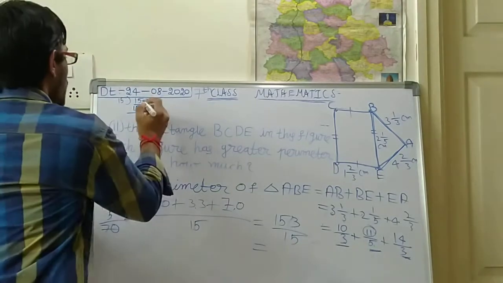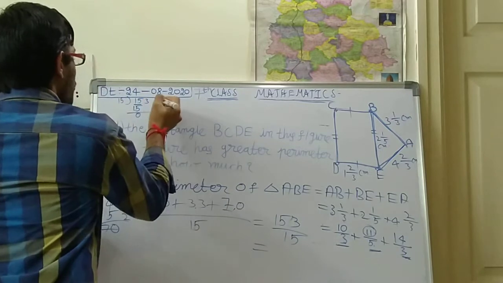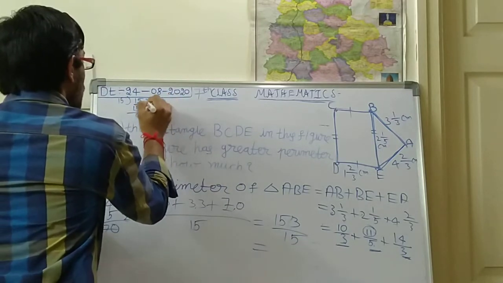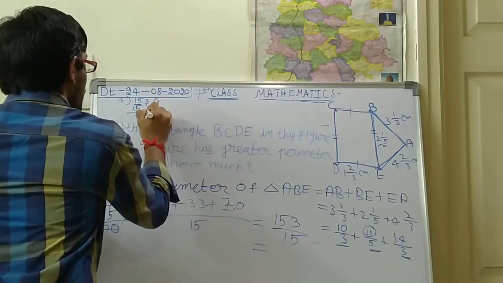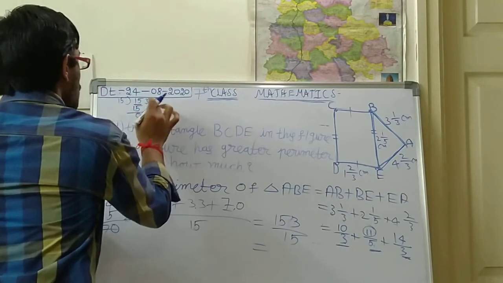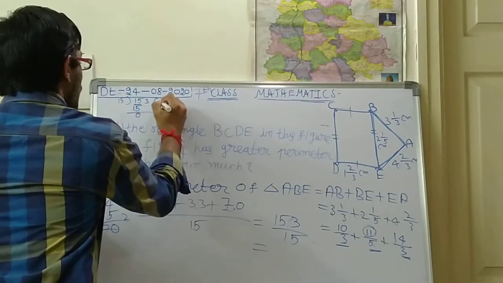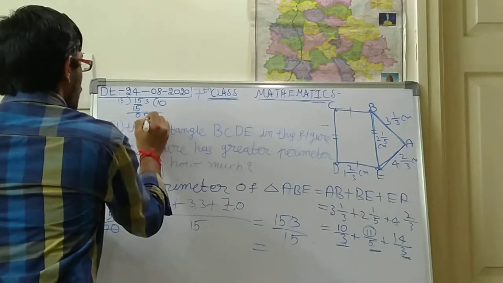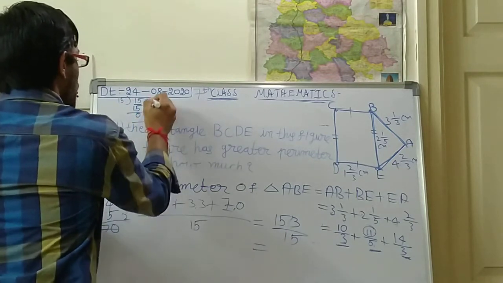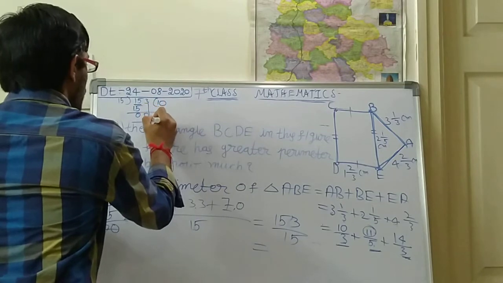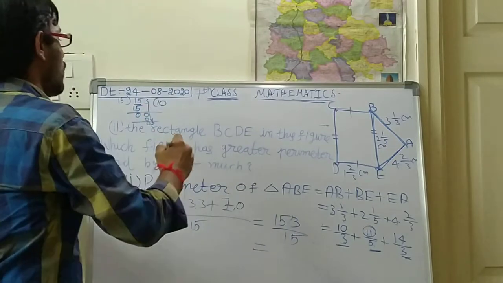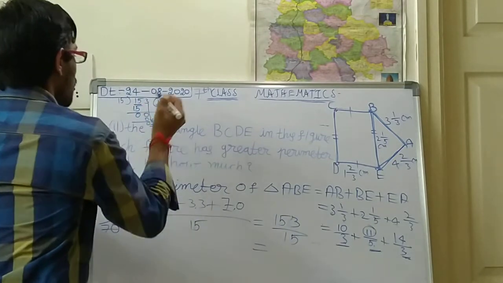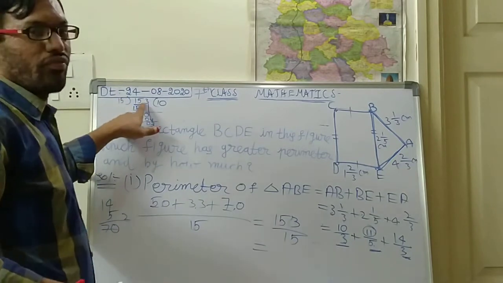Now here, 15 has 2 digits and 3 is left, so you are not supposed to take 3 directly. You are supposed to put a 0 in the quotient once again. 15 zeros are 0. Then next 3. Now you should take 3, because 15 into 10 is 150, no?